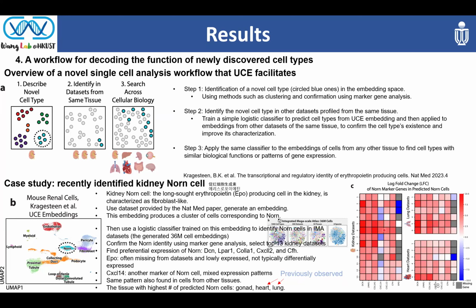Comparing the genes, I think this is step 2. First, we want to confirm the existence of this novel cell type, right? And then we want to see, according to these marker genes, are there any features of these genes?